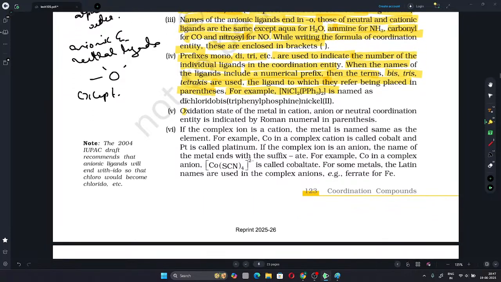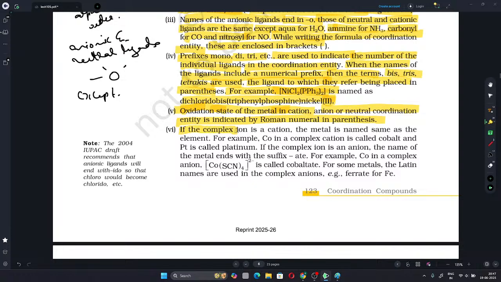This is the name for NiCl2(PPh3)2. The oxidation state of the metal in a cation, anion, or neutral coordination entity is indicated by a Roman numeral in parentheses. This is the Roman numeral II.